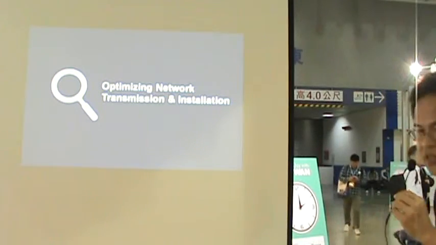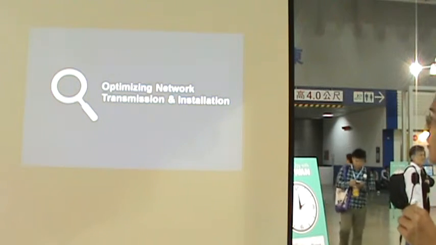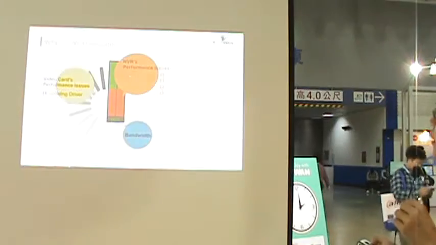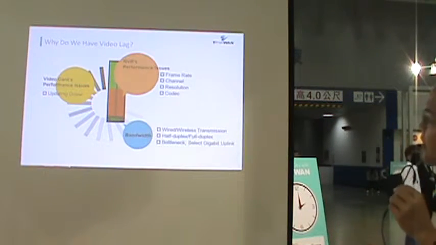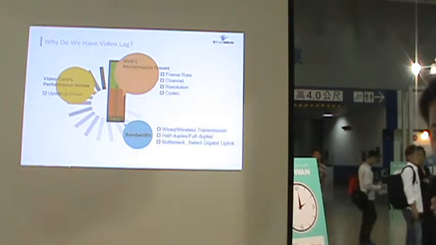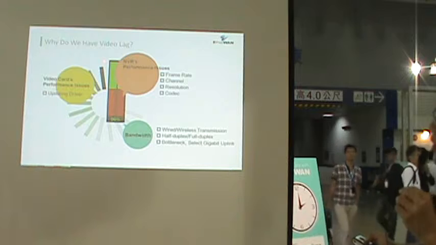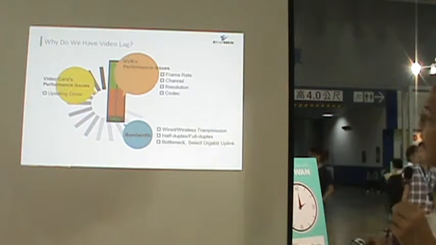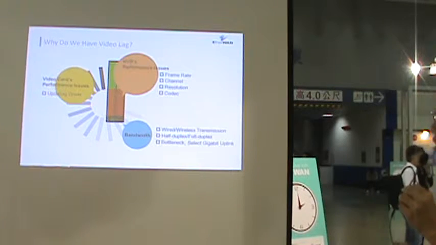In this section, I'm going to talk about how to optimize network transmission and installation. Why do we have video lag, or video latency? Do we just blame the network performance? Sometimes no. We have to consider the total latency. The total latency includes the processing latency.